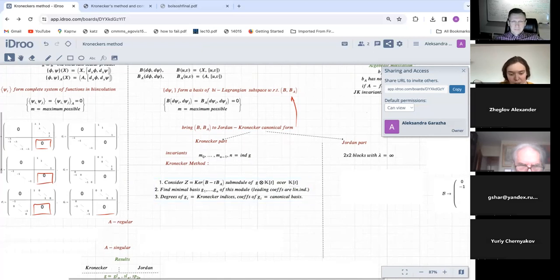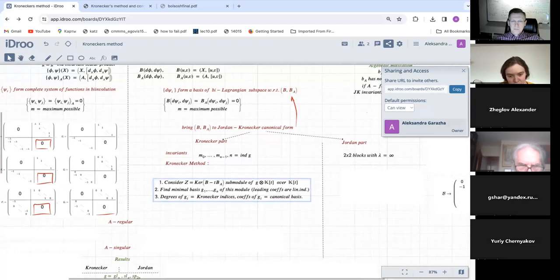Then we find a minimal basis of this submodule. Here, minimal means that the leading coefficients of this basis must be linearly independent.